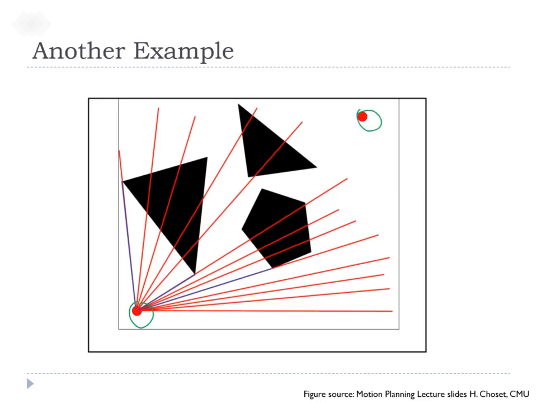We have three obstacles and these lines are showing visibility lines or lines of sight at different angles starting from the horizontal line. First, we will be constructing the visibility graph. That means all the edges which are in the reduced visibility graph as we discussed before. And then we will create a shortest path between the start and the goal point.